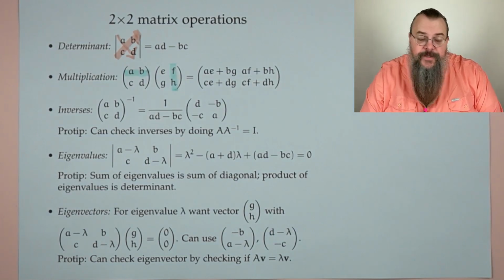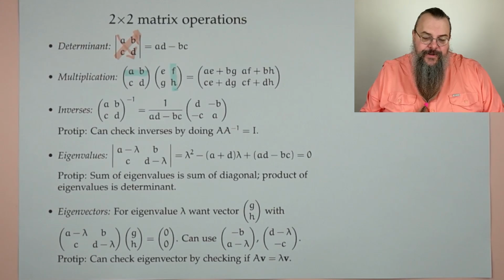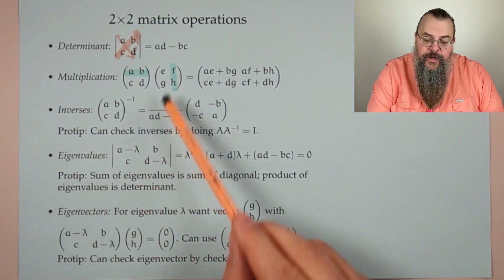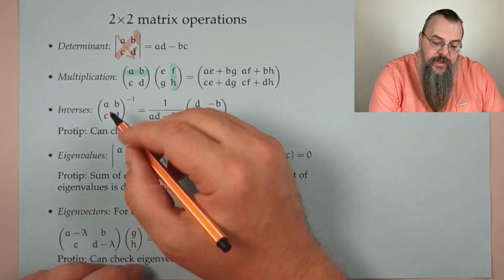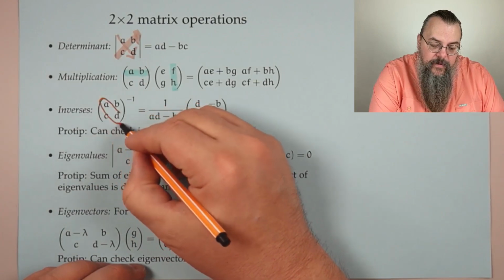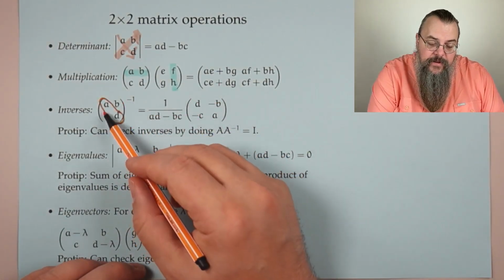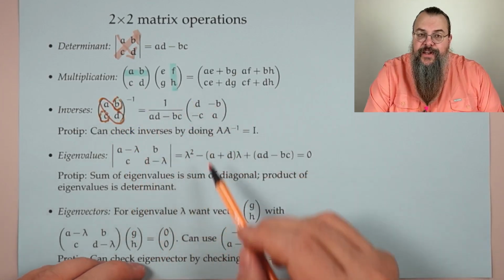How about inverses? Yes, we can do inverses. So if I want the inverse of a 2 by 2, 1 over the determinant. See, same expression. And then what happens is on the diagonal, you swap places. Off the diagonal, you leave them where they are, but you change their sign.